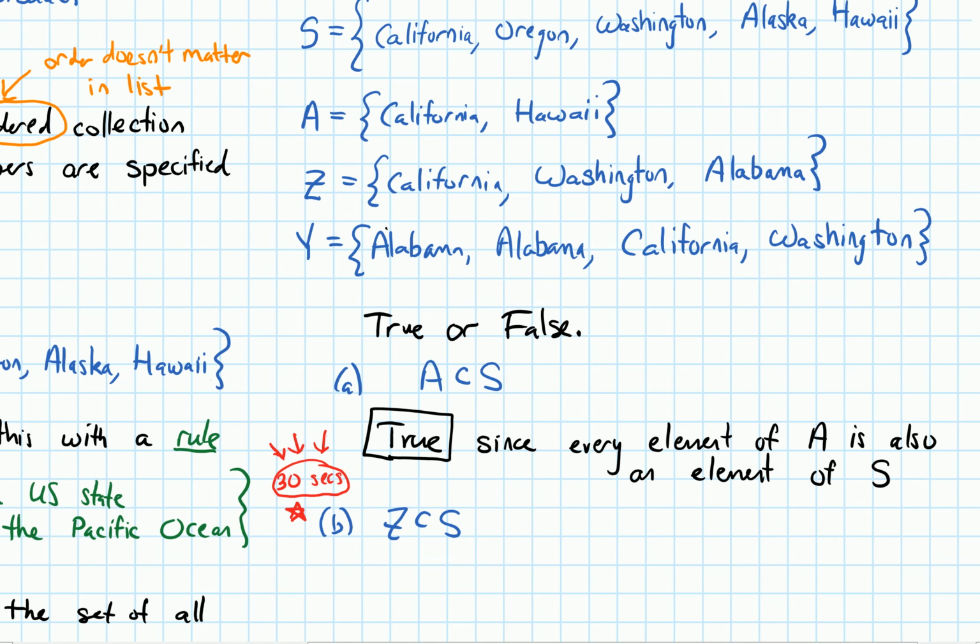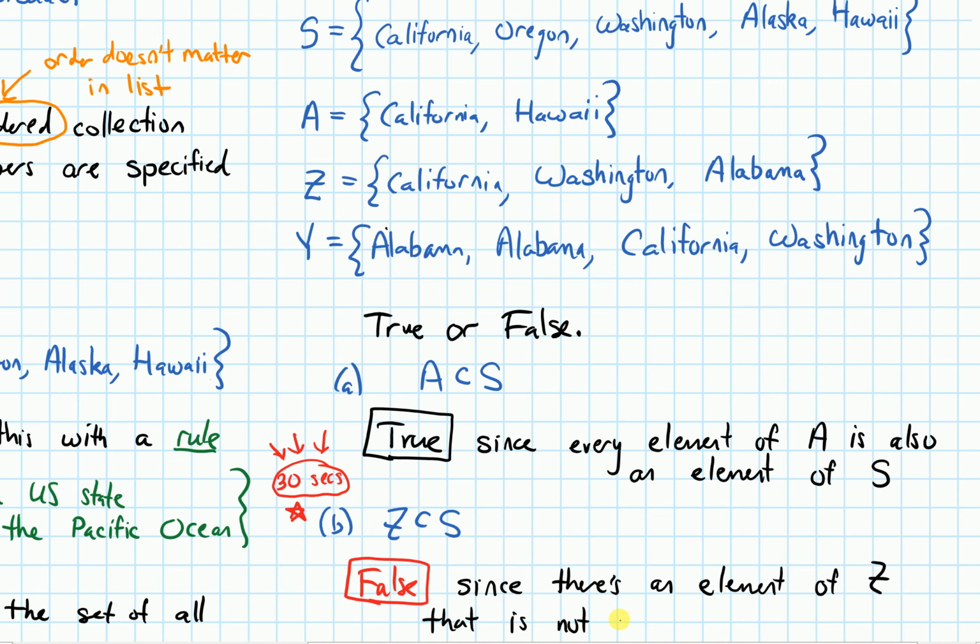So is Z a subset of S? Well, no, this is false. Z is not a subset of S. And the reason is since there's an element of Z that is not in S. Namely, so what's the thing that's in Z but not in S?